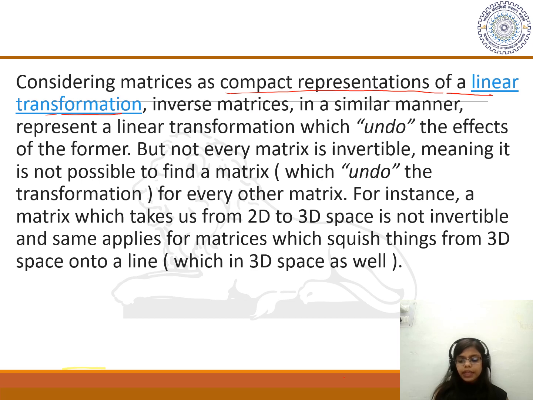What we are trying to say is when we multiply a matrix A with the vector X, what A is doing is simply transforming X to another vector B. And what A inverse does is, when we multiply A inverse with vector B, it transforms B back to the original X. So basically A inverse is undoing the transformation done by the matrix A.